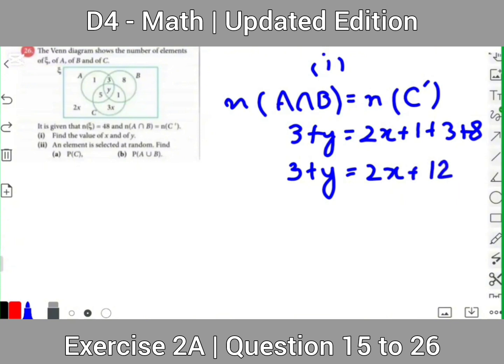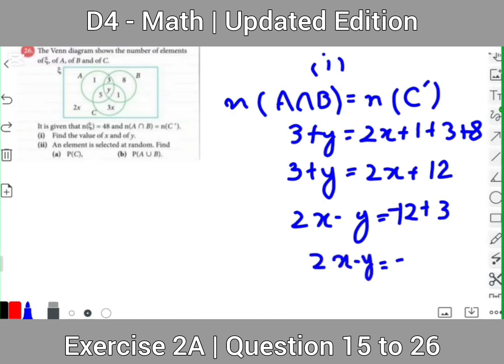And after further simplification, we have 2x minus y equals 12 minus 3. Now we have 2x minus y equals minus 9. This is our equation 2.